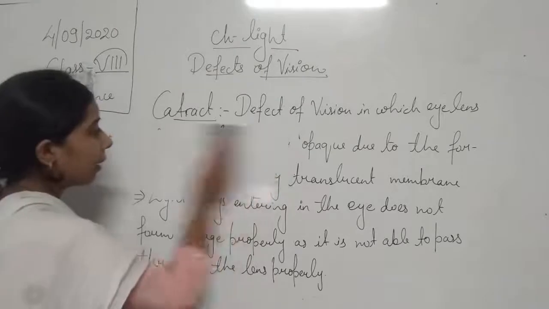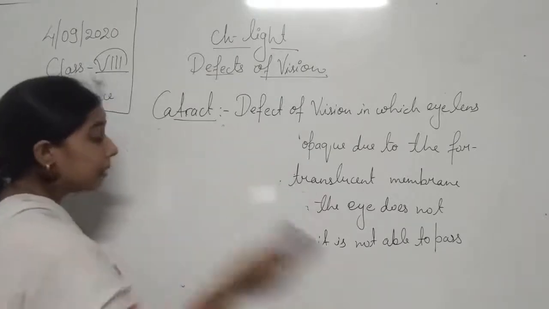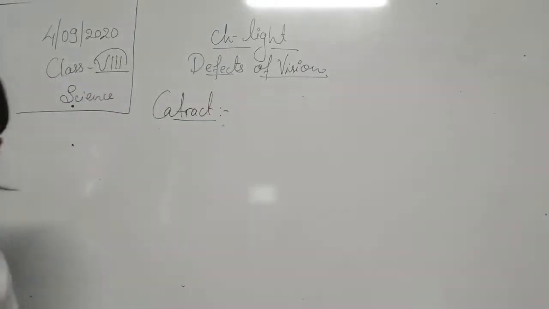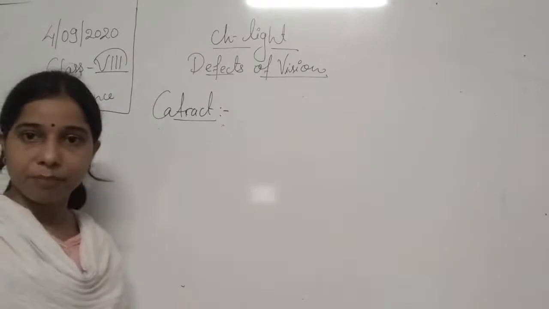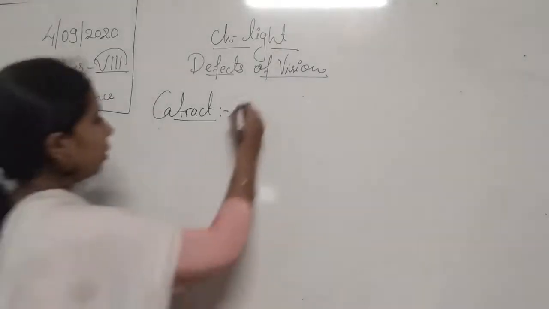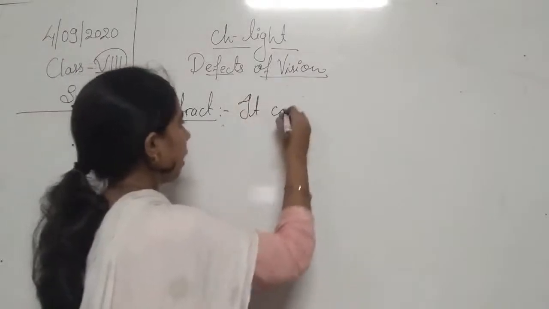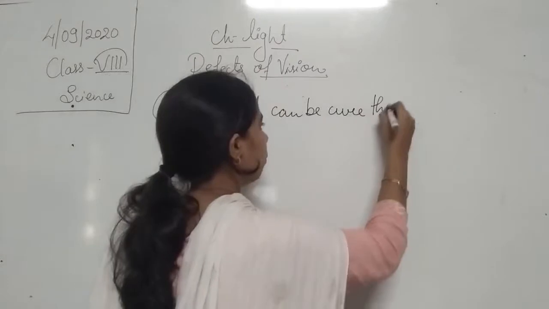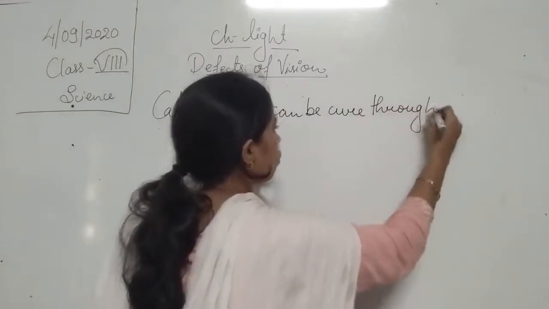So cataract is basically cured by surgery. So what happens in the surgery, student? We will remove the milky translucent membrane from the retina. Okay, so we can write that it can be cured through surgery.